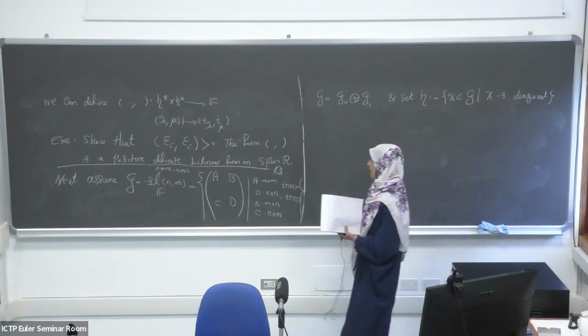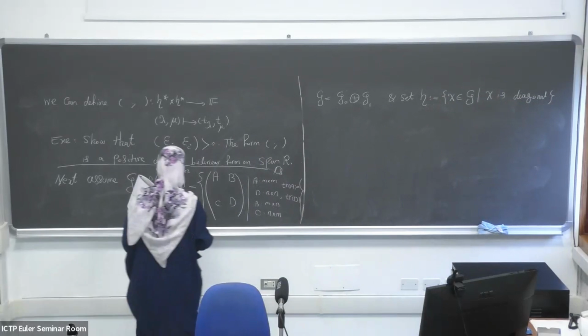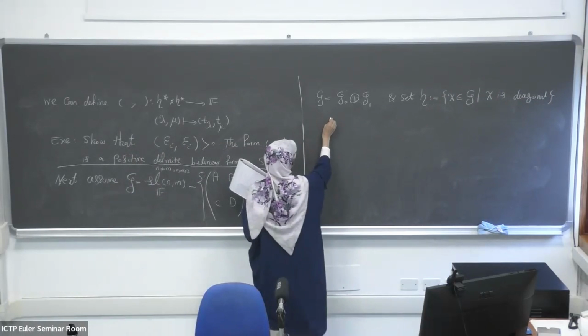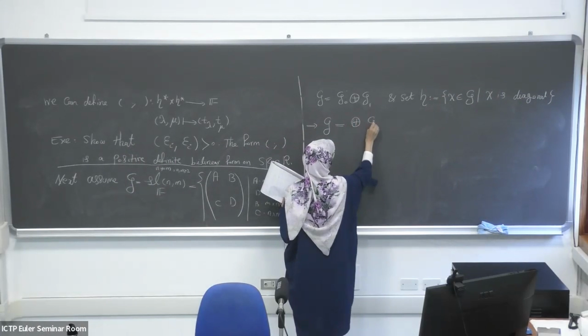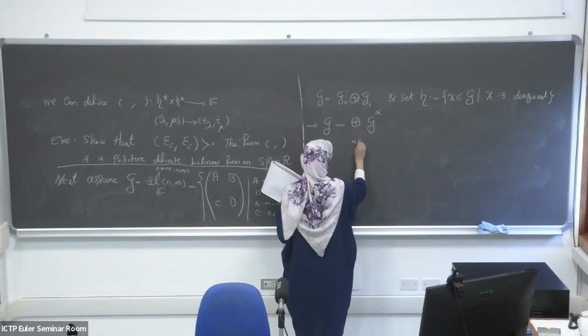Okay, H is diagonal, and then we have G equals the direct sum of G alpha, where alpha is an element of H star.